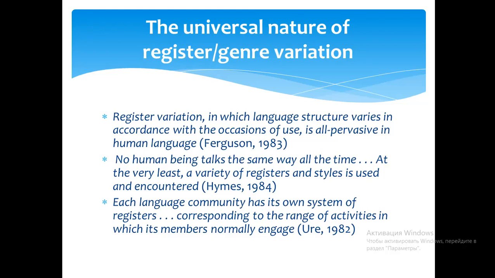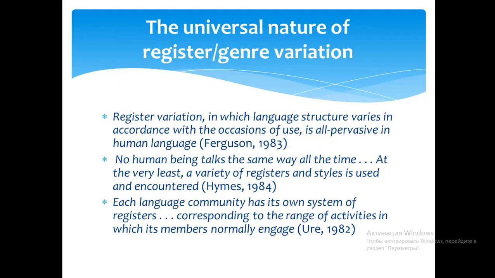Genre variation focuses on the conventional ways in which complete texts of different types are structured. Taken together, register genre variation is a fundamental aspect of human language. All cultures and languages have an array of register genres, and all humans control a range of register genres.